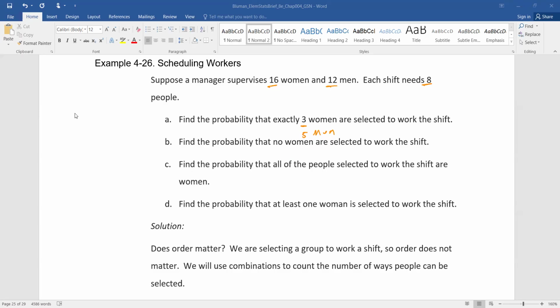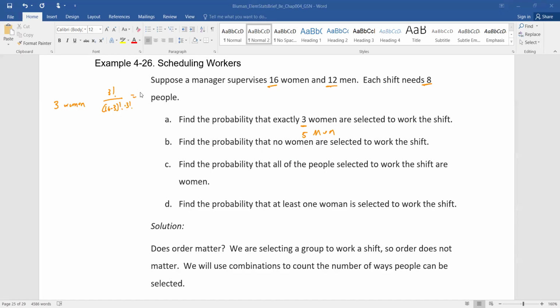This would be a combination, because as long as they're women, it doesn't matter if the woman is first, second, or third, they're still women. So in this case, to find 3 women, I'll do 16 factorial over 16 minus 3 factorial times 3 factorial.